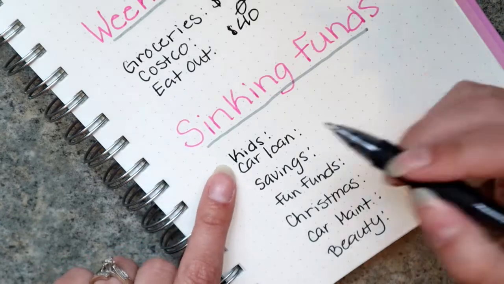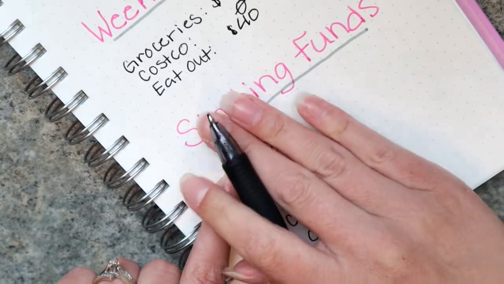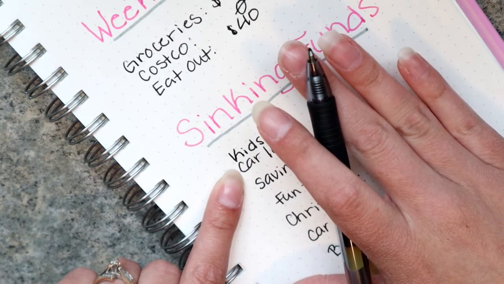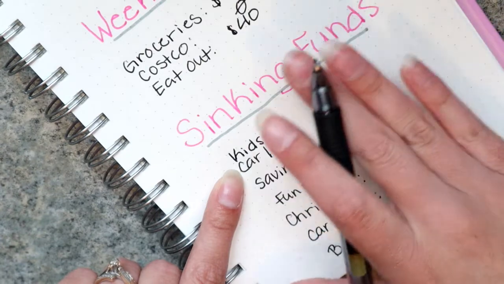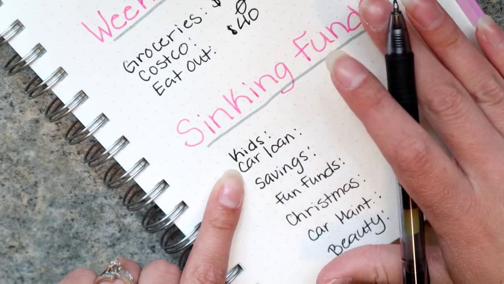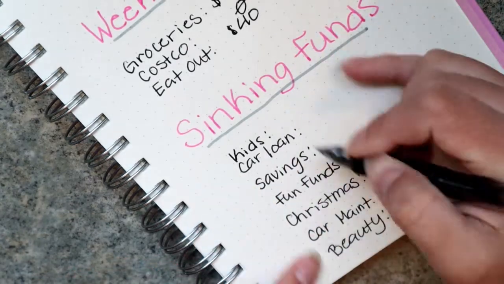Just things like that. My car loan, I usually have one for that just because I put one half of the payment in every 2 weeks. So I'll put in $210 the first paycheck and then $210 the next paycheck, and then I can go and pay it. So that's what I do with my sinking funds.